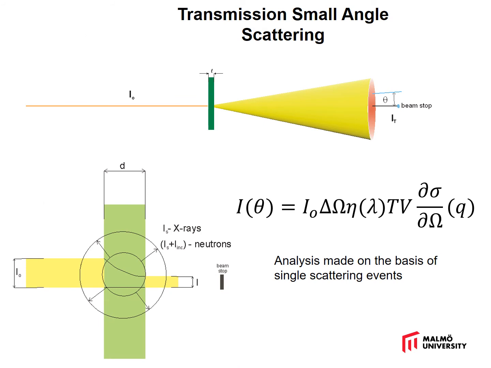So let's just refresh ourselves on transmission SAXS. One has a well-defined beam passing through a sample, and the beam is dispersed, and what one measures is the intensity of the beam scattered on a 2D detector, which I haven't drawn here.